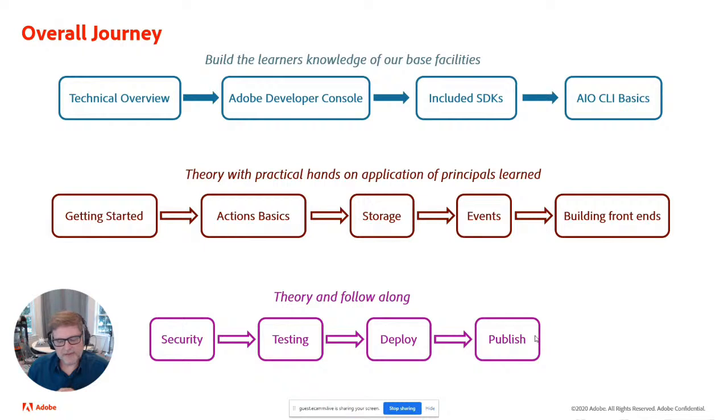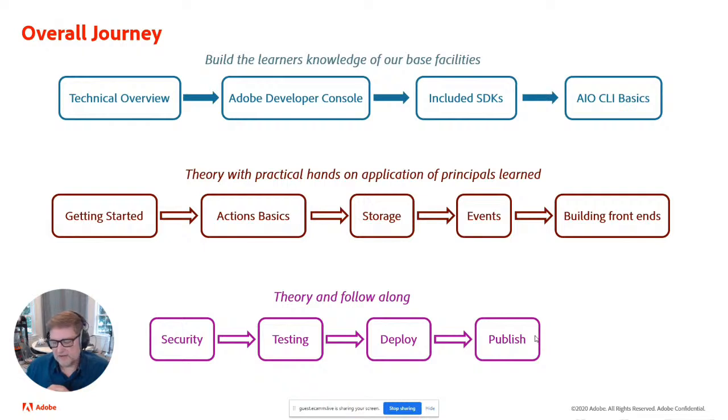And during events, we'll talk about what is event-oriented architecture, what are events, why are they good, a little bit about decoupling and scalability, and all those fun topics. So, kind of ease you into it and then let you know what we've done and how we work with events. And then we go into building front ends.